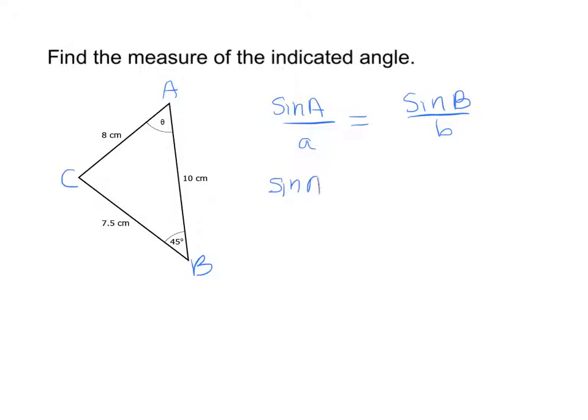So we'll go sine A over 7.5 equals sine 45 over 8.